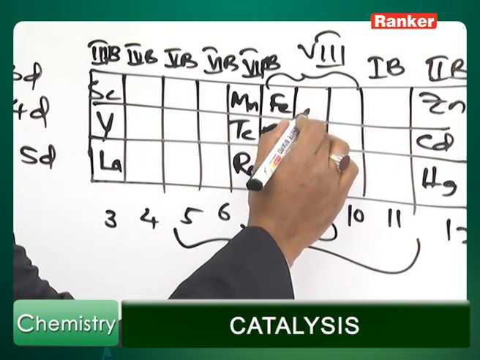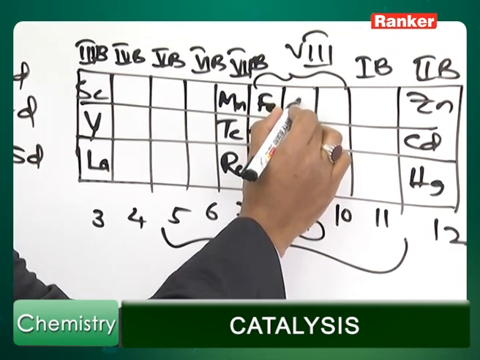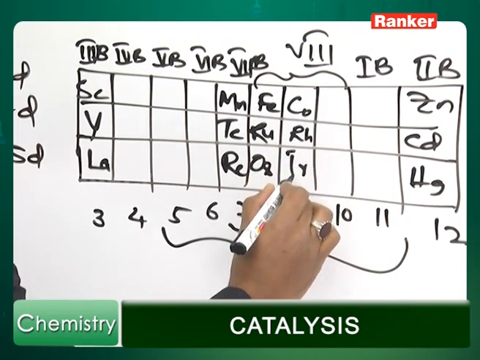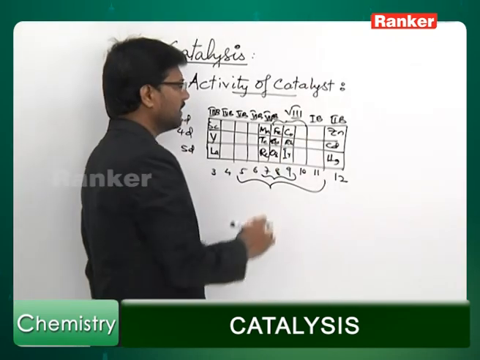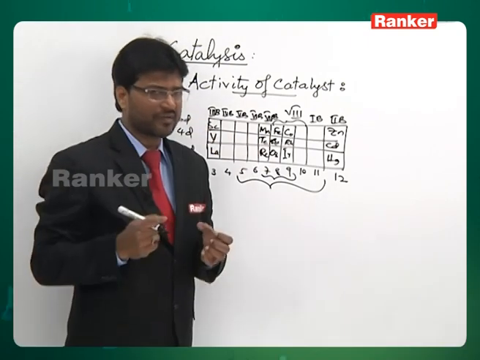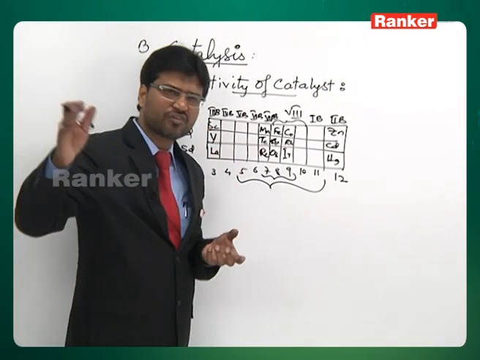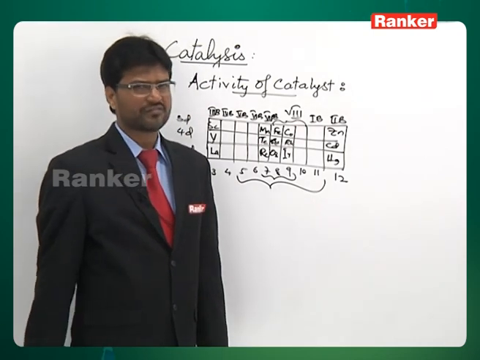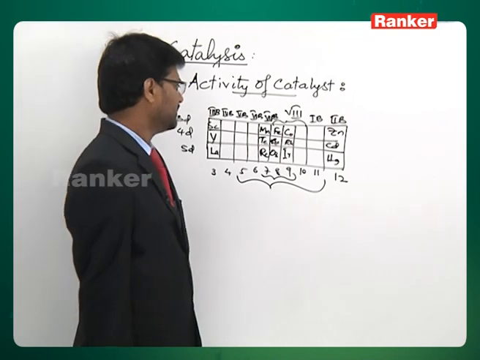This is cobalt, rhodium, iridium. So these metals act as more efficient catalysts. They are not only good in adsorbing reactants, they are also good in desorbing the products, so that space is created for adsorption of fresh molecules of reactants.